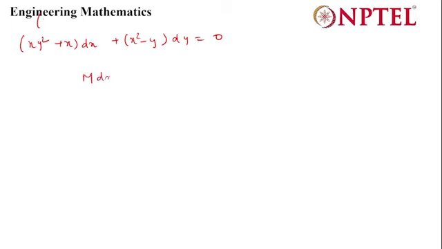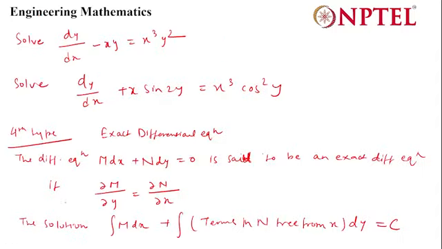So M dx plus N dy will be an exact differential equation if del M by del y is equal to del N by del x. So you have to differentiate this term with respect to y and this term with respect to x. If they come out equal, then we'll use the above as the solution of this differential equation.